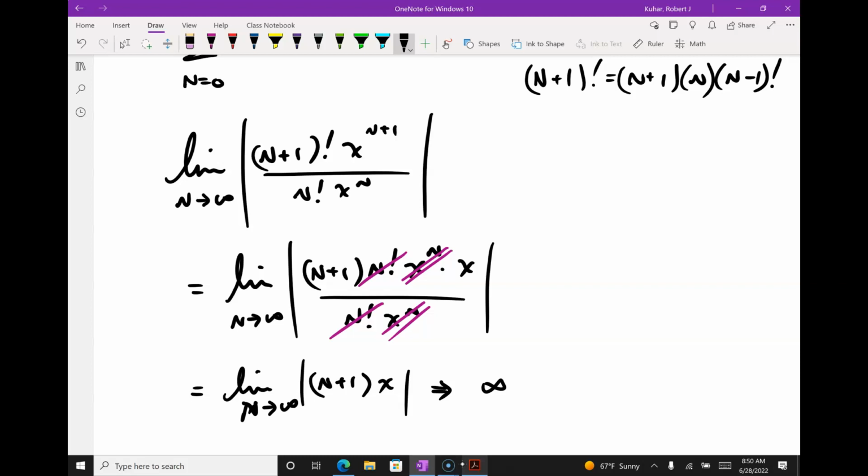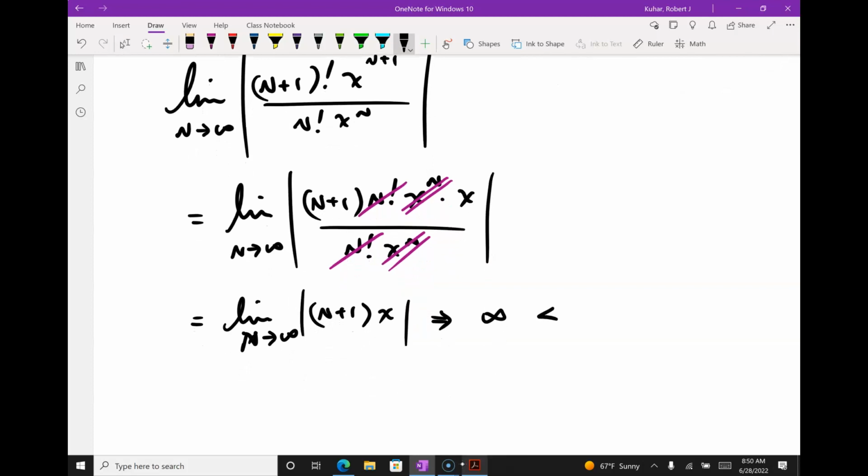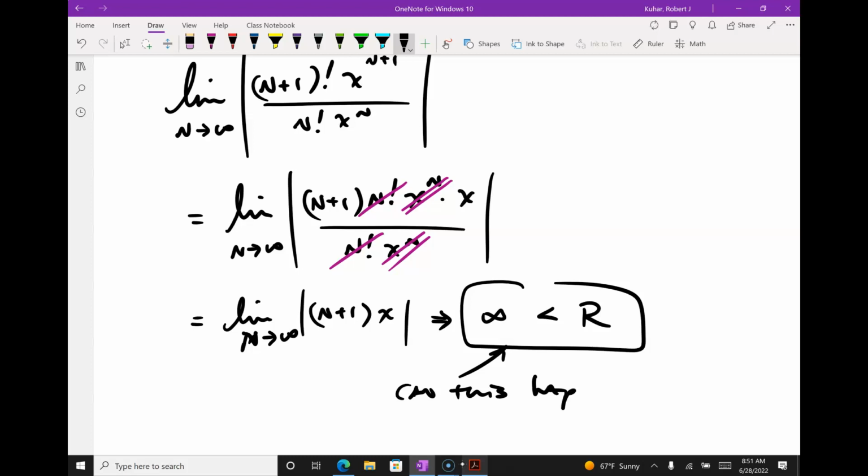And I need some radius bigger than that. Does it happen? No. So can this happen? No, right?